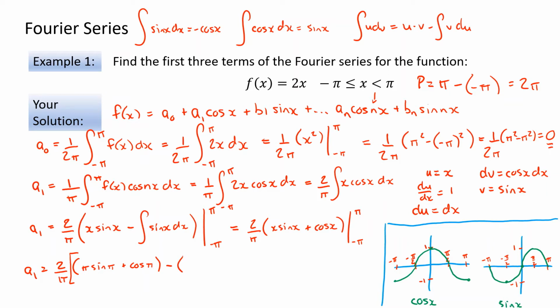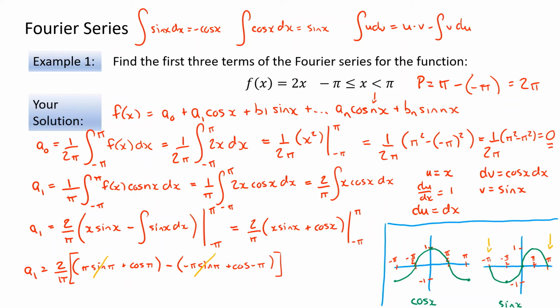Then we're minus negative pi sine of pi plus cosine of negative pi. A couple things that we know right off the bat: sine of pi and negative pi are both 0. So both these terms will cancel.